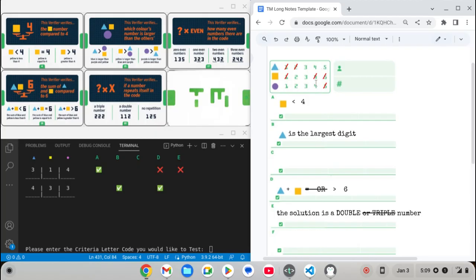Yeah, circle can't be 5 because there's nothing bigger for triangle to be. Can we cross out the 4? That would force triangle to be 5. And then it'd have to be either a pair of 3's or a pair of 2's. And both of those work.